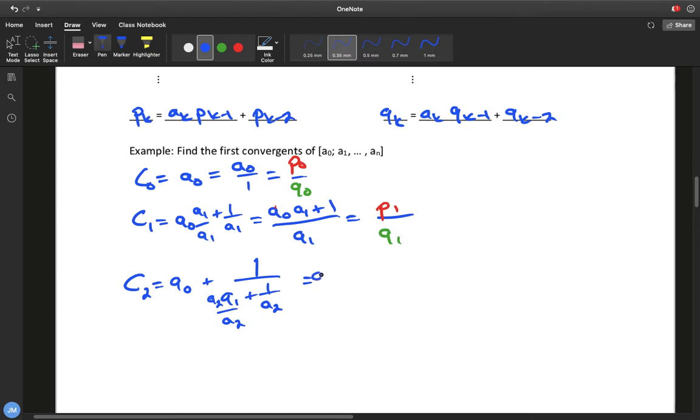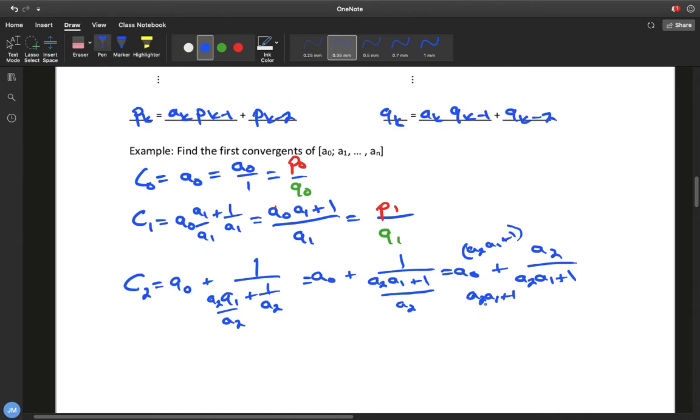That gets us to A sub 0 plus 1 over, now that we have a common denominator, we can combine our fractions, A sub 2 times A sub 1 plus 1, all over A sub 2. Then we can take the reciprocal of that, so A sub 0 plus A sub 2 over A sub 2 times A sub 1 plus 1. Now we need to get a common denominator for our two terms. So we'll take our first term, A sub 0, and multiply by A sub 2 times A sub 1 plus 1 over A sub 2 times A sub 1 plus 1.